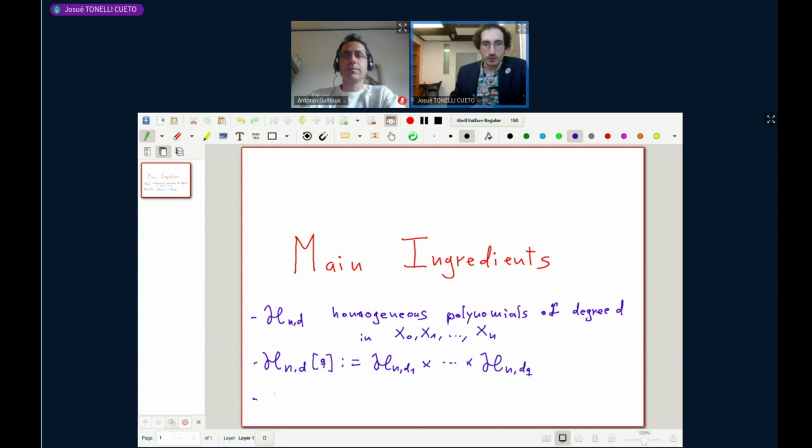Another extra notation that will be useful is the matrix of the degrees, this beautiful delta. And then, these are the complexity parameters I introduced before. This is the maximum of the degrees, this is the product of the degrees, and this is the number of coefficients.